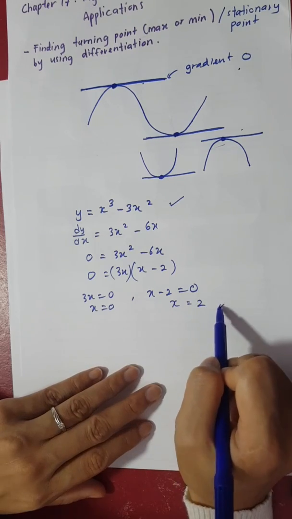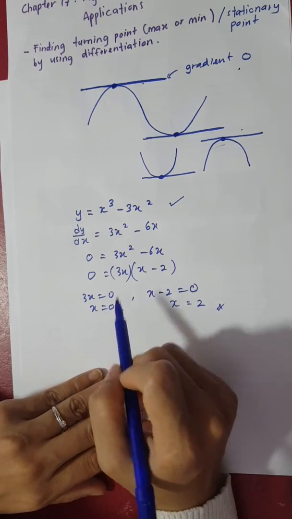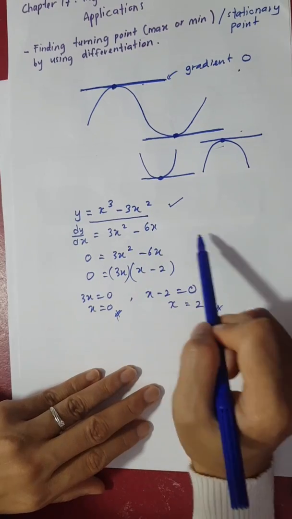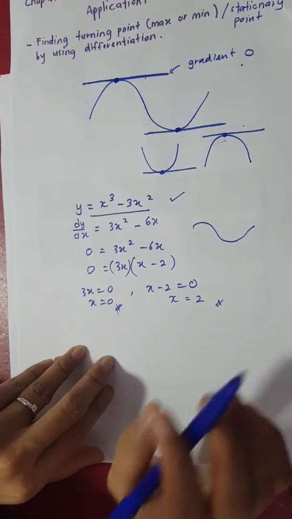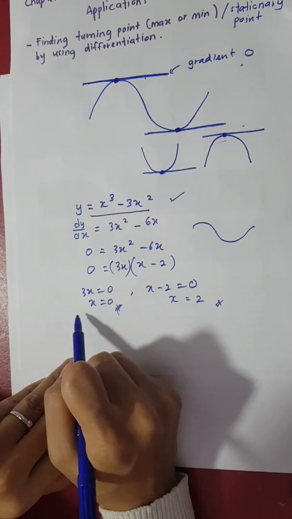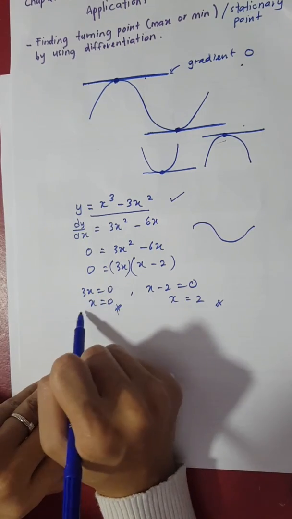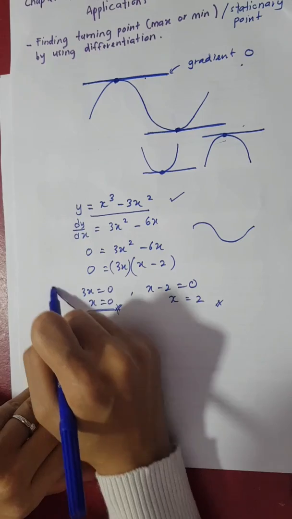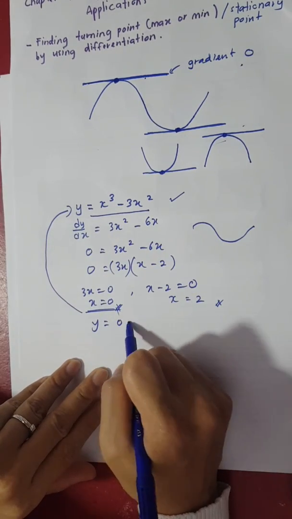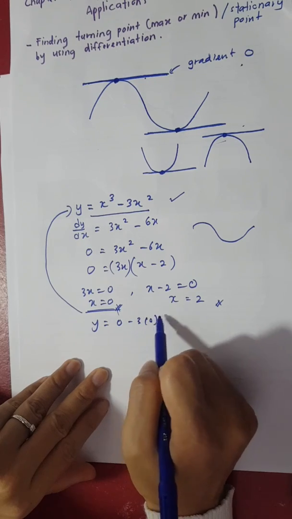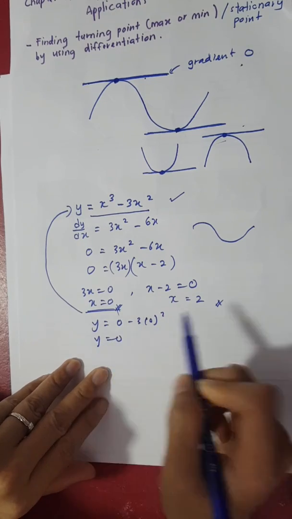So you have two turning points here because this is cubic. Okay. So since you want the point, you have to find the y coordinates. So how to find y coordinates? Since you have x here, substitute back in your y to find your y coordinate. So y is 0.